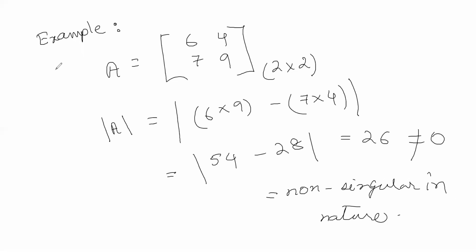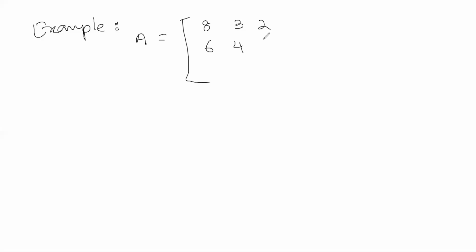Now let's take a 3 by 3 case. So this is an example of a matrix which has 3 rows and 3 columns. So 8, 3, 2, 6, 4, 7, and 5, 1, 3.